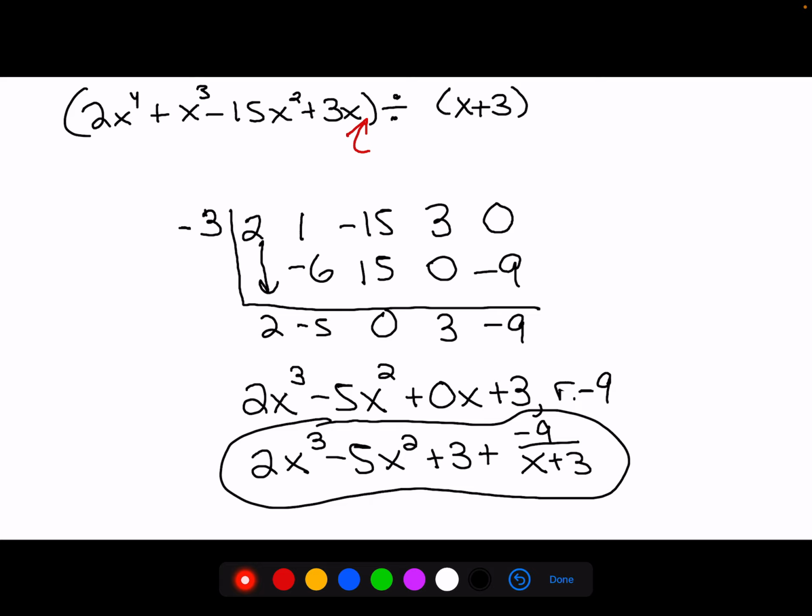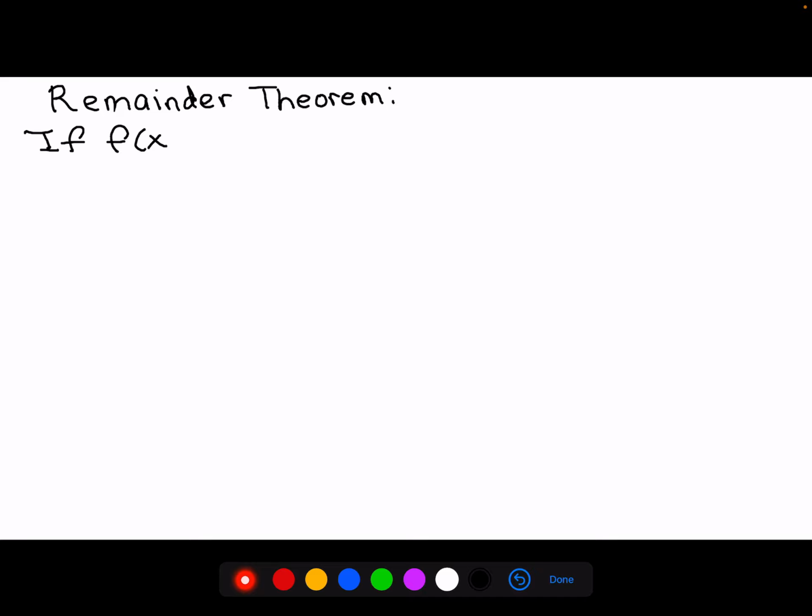Okay, let's talk about something called the remainder theorem next. If f of x is divided by x minus k, which is what we were just doing, then the remainder, this is a really cool little theorem.